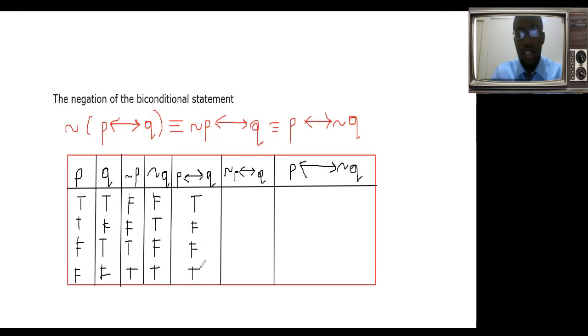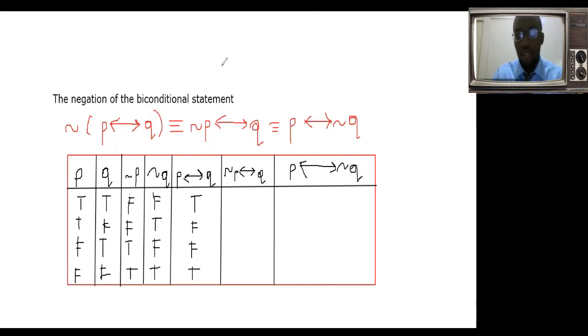And so the biconditional statement is true whenever both P and Q are true or both P and Q are false. Let me say it one more time. The biconditional statement is true whenever both P and Q are true or both are false. That's when the biconditional statement is true.